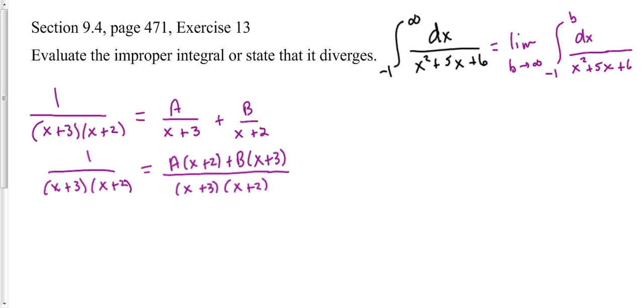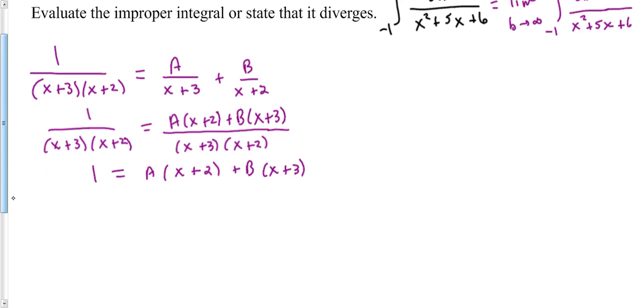And now, because my denominators are equal, my numerators have to be equal too. So 1 is going to be equal to A times x plus 2 plus B times x plus 3. And what we often do in these situations is to choose our values for x cleverly, and then we can figure out what A and B are. So I'm going to let x be equal to -2.